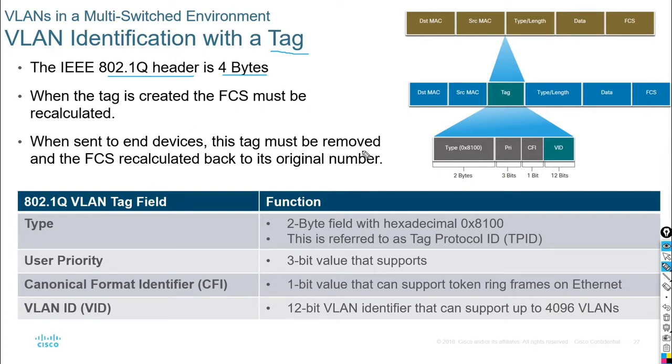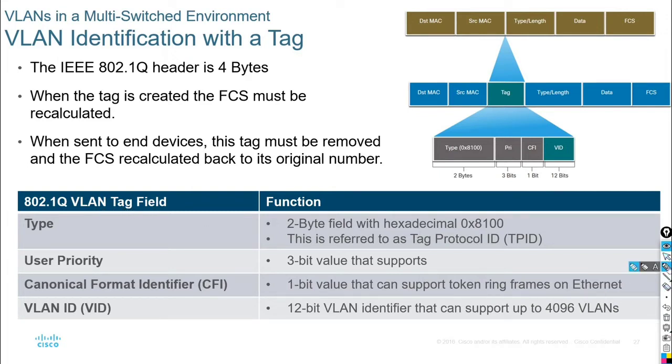When a switch receives a frame on a port configured in access mode and assigned to a VLAN, the switch inserts the VLAN tag in the frame header, recalculates the frame check sequence (FCS), and sends the tagged frame out of the trunk port. So we can see the different fields of the 802.1Q VLAN tag.